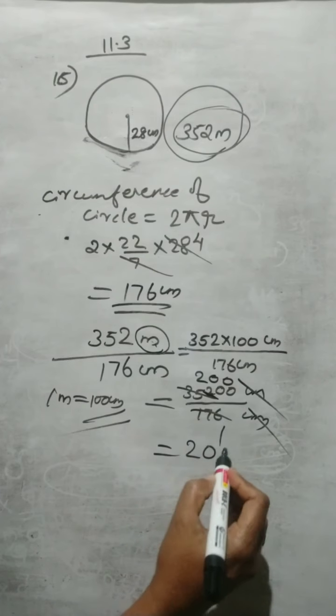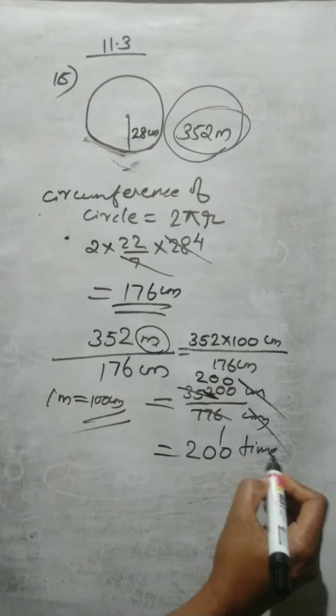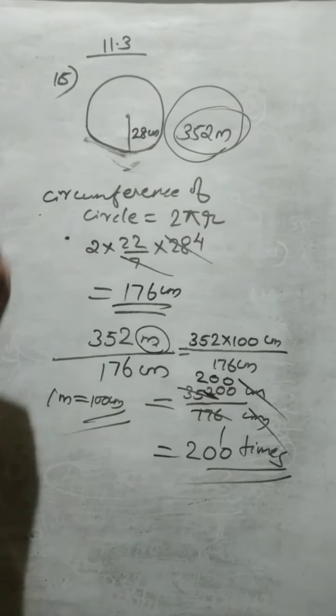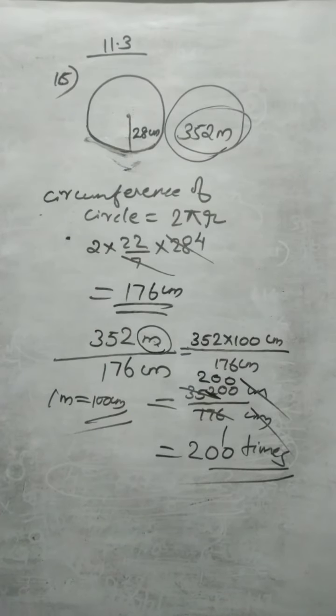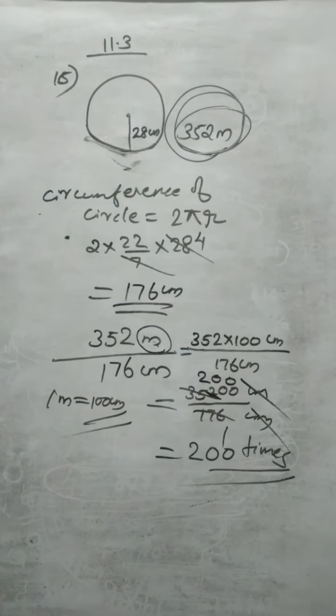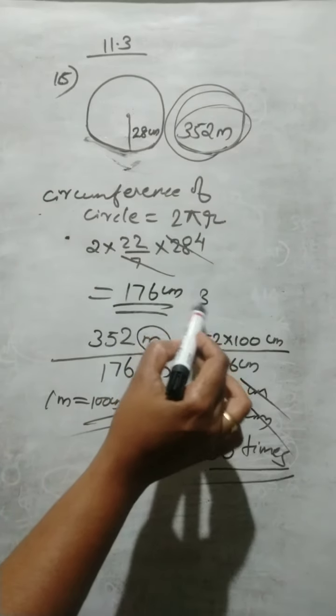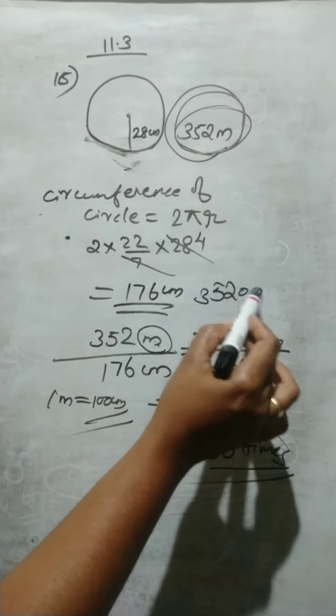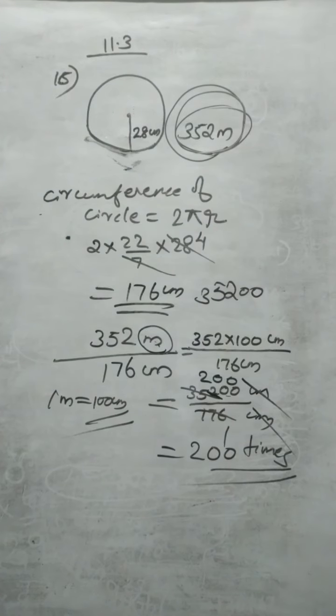That will be 200 times. So this wheel needs to rotate 200 times to complete 352 meter. That will be 35,200 centimeter. Clear?